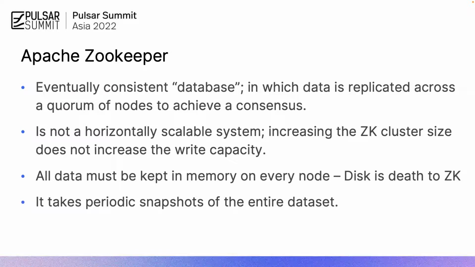Well, the biggest problem ZooKeeper has is its inability to scale horizontally. Unlike other distributed systems, ZooKeeper's performance actually degrades as you add more nodes to the cluster. This is because each node must communicate with every other node in order to achieve a consensus or quorum on what the value of every individual Z node is.